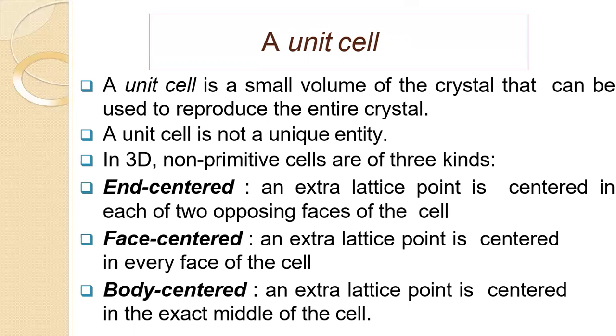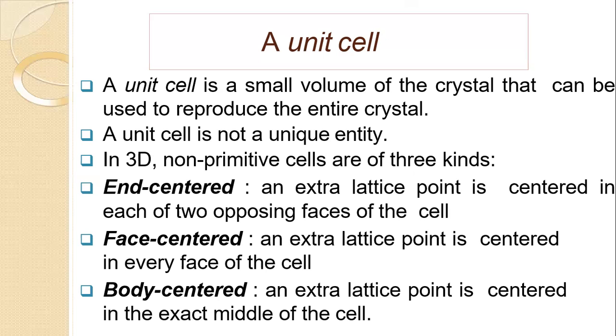So these extra lattice points are formed in the center of every face of the cell. That is, in a cube or cuboid there are 6 face-centered points, one for each of the 6 faces.